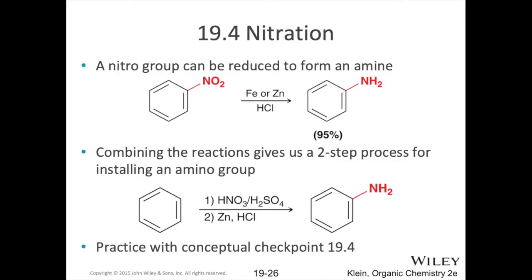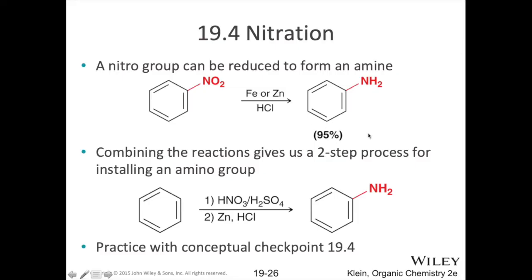Now the nitro group from a synthetic standpoint is pretty useful. Obviously there are products out there where we want to have a nitro group, but one extra synthetic utility here is that we can convert a nitro group into an amine. We can do a reduction using either iron or zinc and hydrochloric acid, and our nitro group gets converted into an amino group pretty well.